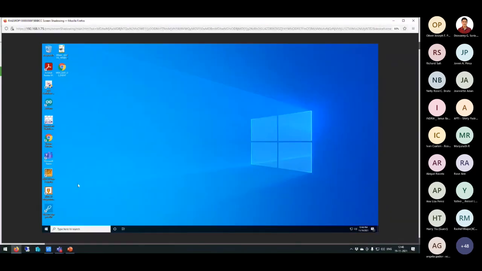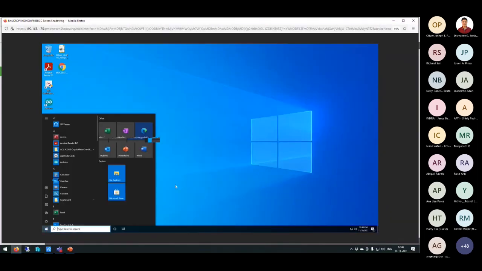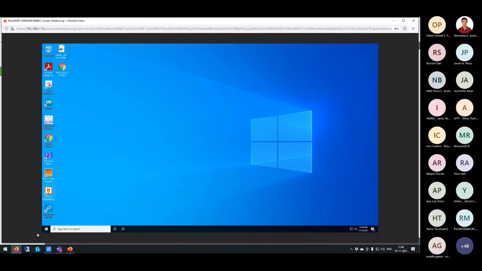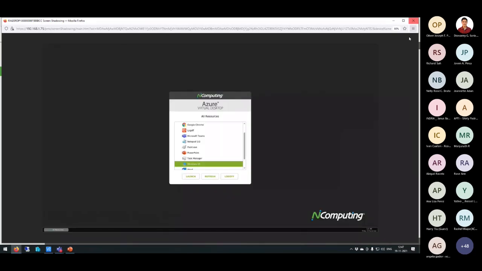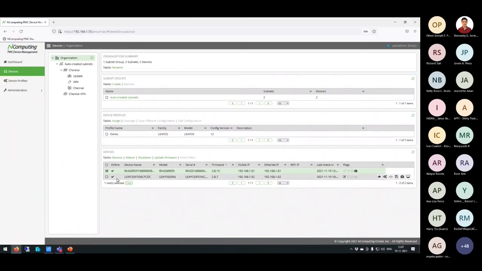In the same way, you can run multiple Windows applications over here. And now I'll disconnect this and then show the Leaf OS. Okay, I got disconnected. I'll just close this RX420 RDP session. Now I'll go to the Leaf OS.